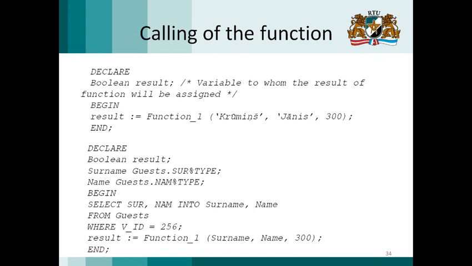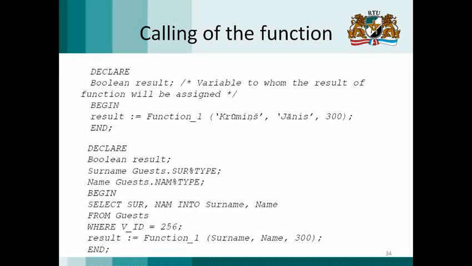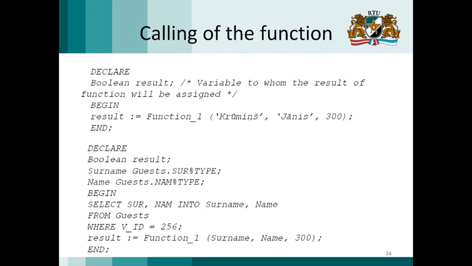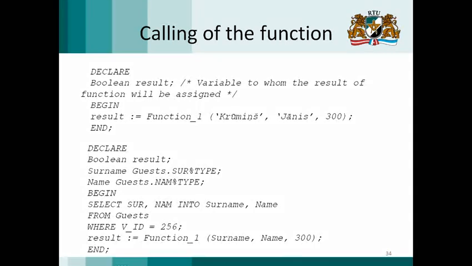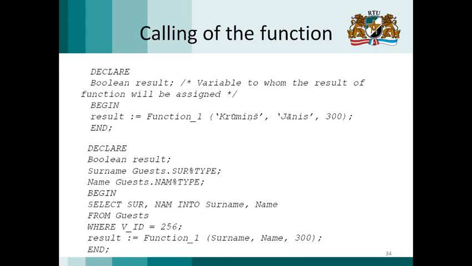So, as we can see, the function call in this case is an expression, which is assigned to the variable result. We call the function, it returns the result true or false, and this result is assigned to the variable. Is that clear?